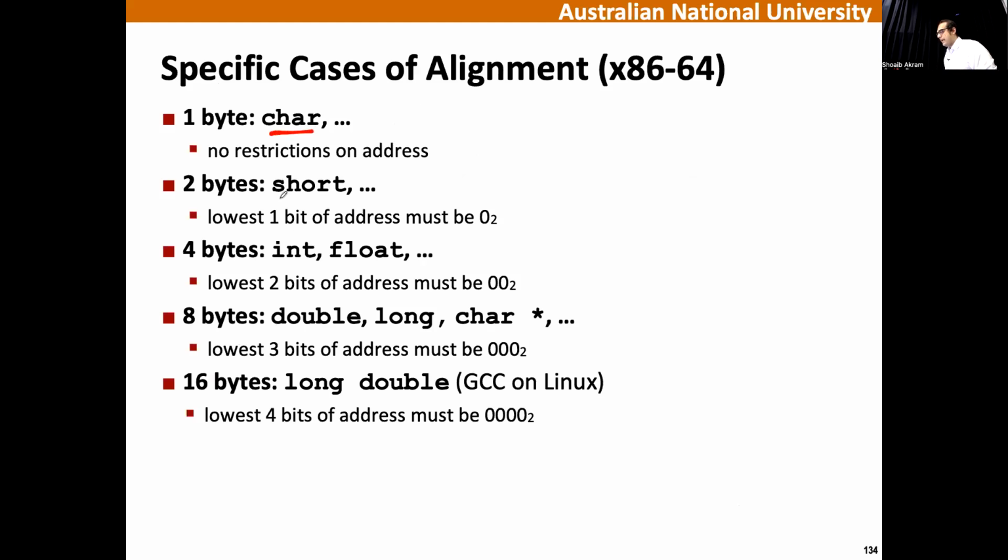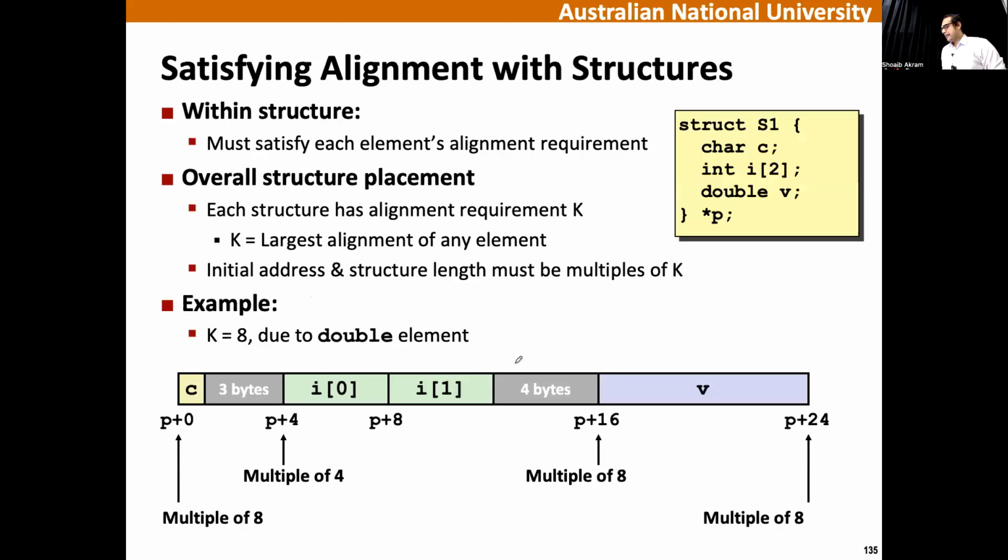For a short, it needs to be a multiple of 2, so the lowest 1 bit needs to be 0. For int and float, it needs to be a multiple of 4 bytes. The low order 2 bits should be 0. And for 8 bytes, double, long, pointer, they should be aligned, so the address is a multiple of 8 bytes.